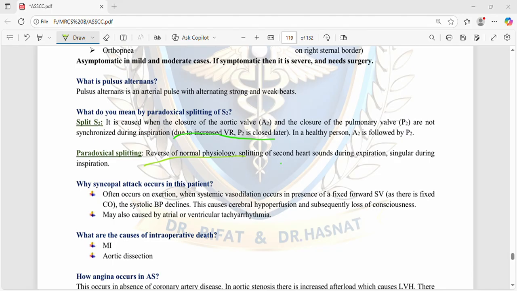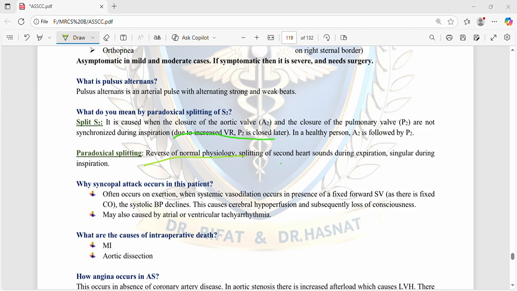The left side takes longer to empty because the blood has been pooled there, and the right side has less blood during expiration, or less preload, so it empties quickly. So these two sounds come closer together during expiration.